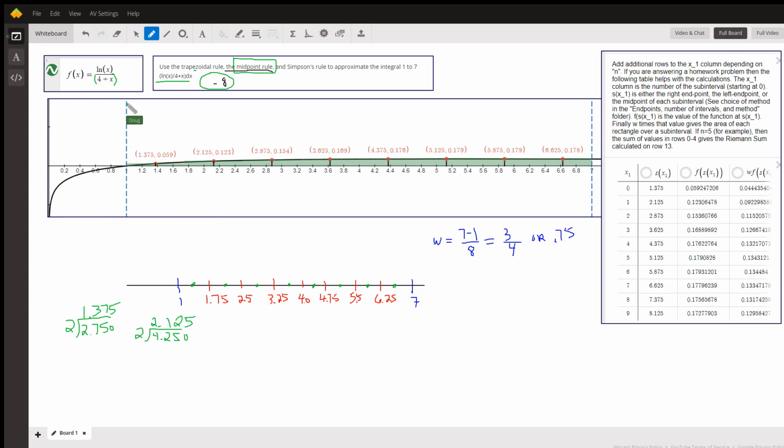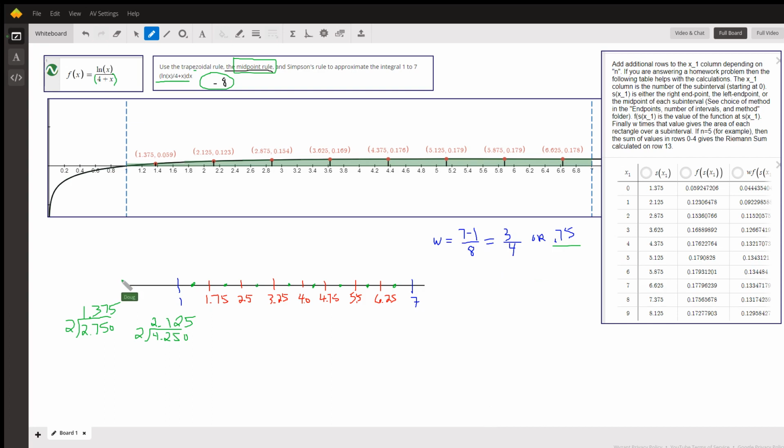Here we've got dashed blue lines marking the interval from 1 to 7. And if we're going to have 8 equal subintervals, then each subinterval, if they're going to be of equal length, will be 3/4. B minus A over N. 3/4 or 0.75.